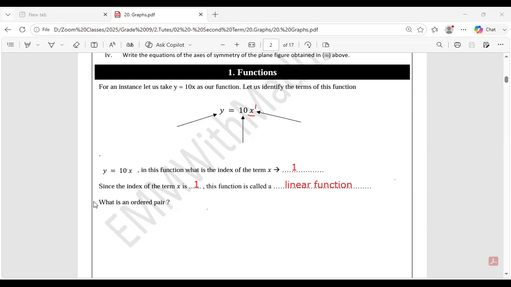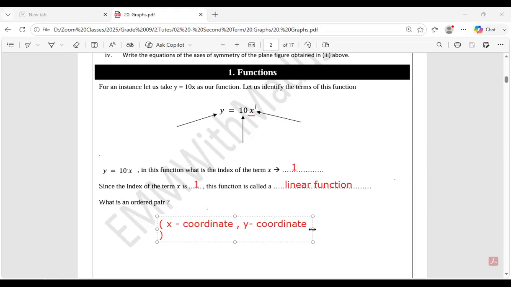So what is the ordered pair? You know already this one. An ordered pair is the x coordinate, comma, y coordinate, in brackets.